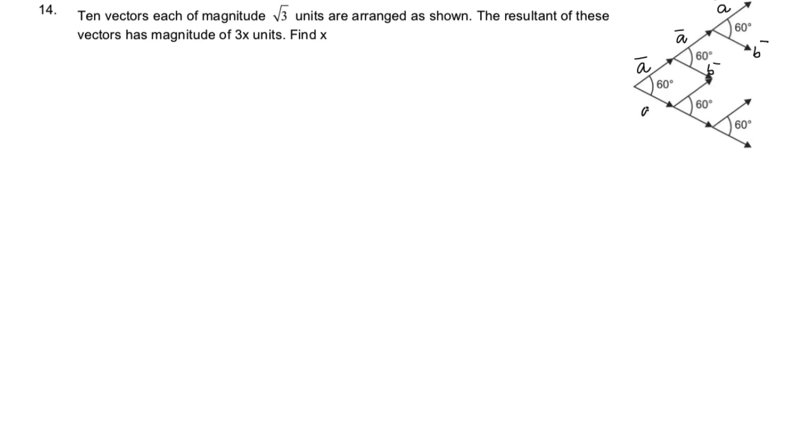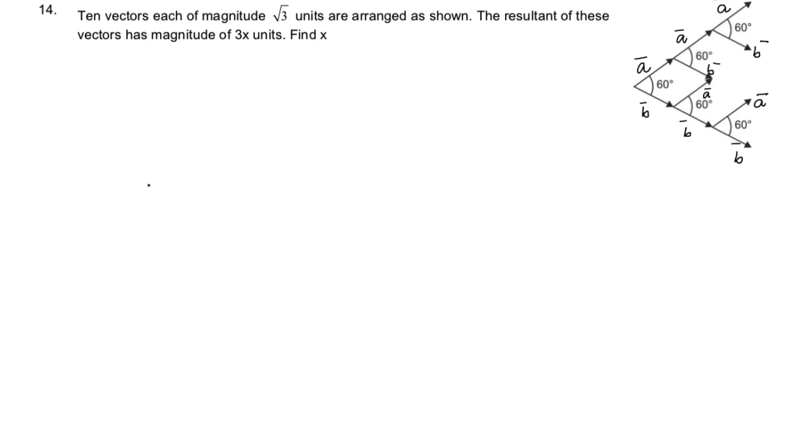In a similar way, this will be B vector, this will be A vector, this will be B vector, this will be A vector, and this will be B vector. So basically all these 10 vectors are not different vectors. There are 5 A vectors and 5 B vectors.